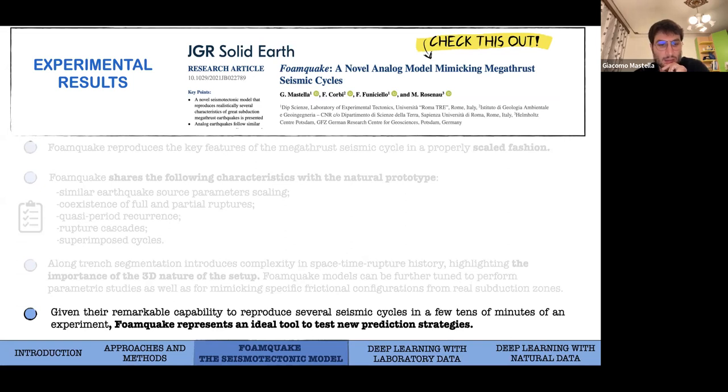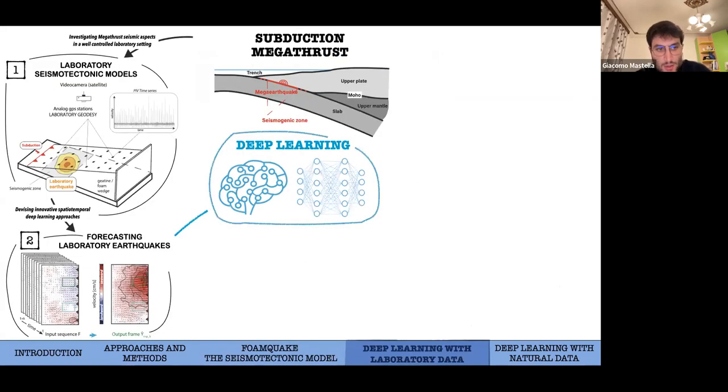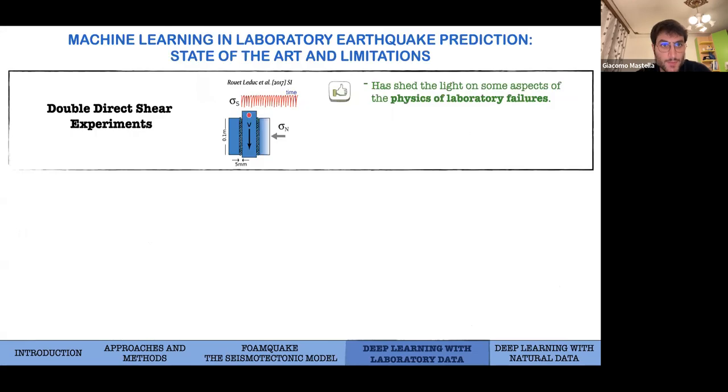And this peculiarity of FOAMQUAKE makes this experiment an ideal tool to test new prediction strategies in the context of laboratory earthquake prediction. So let's go to the second part of the talk, which is instead dedicated to some deep learning applications with laboratory data.